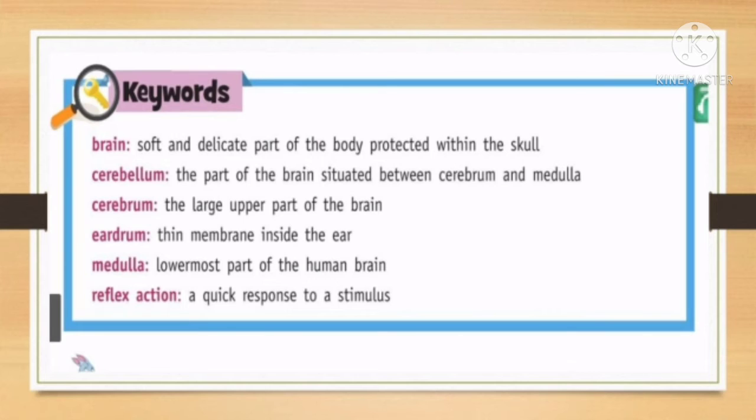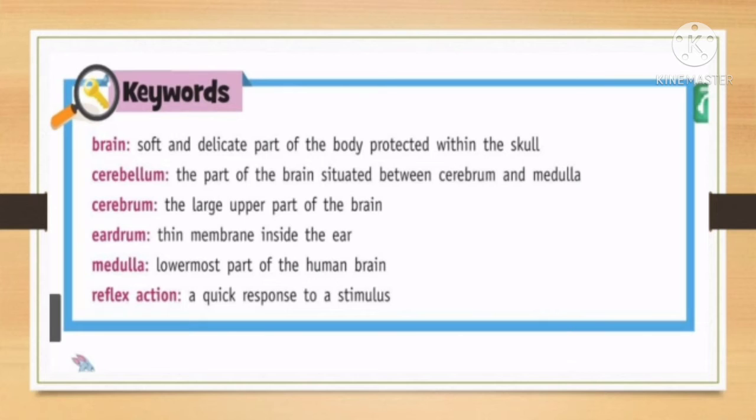Now next is the reflex action. Reflex action is a quick response to a stimulus. I have explained to you about the reflex action when I was explaining the chapter, right? Whenever we get hurt, we quickly respond.